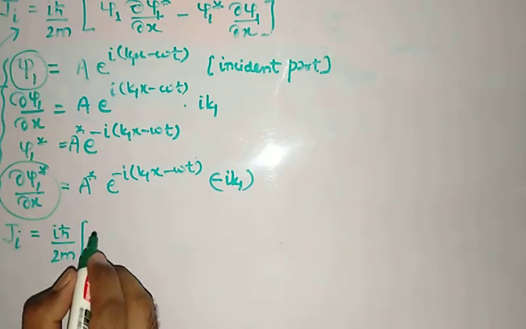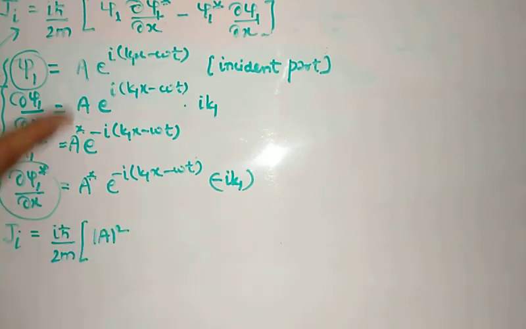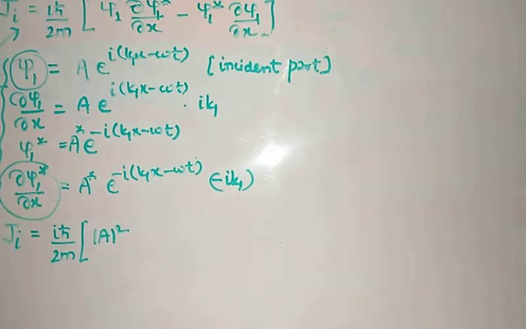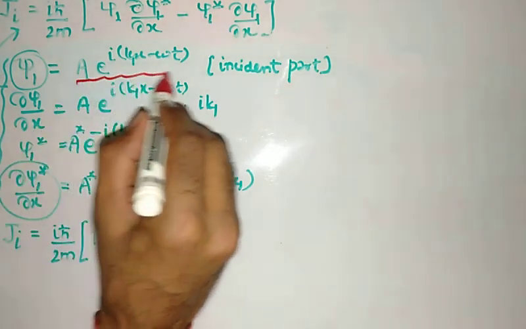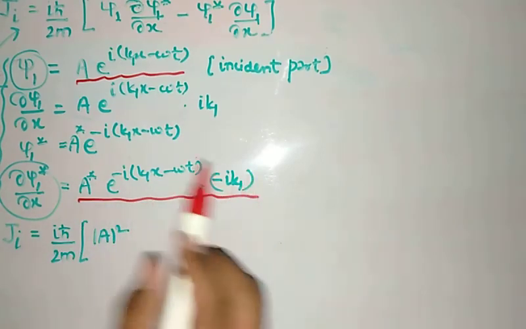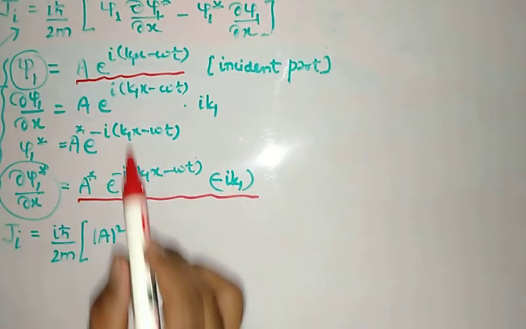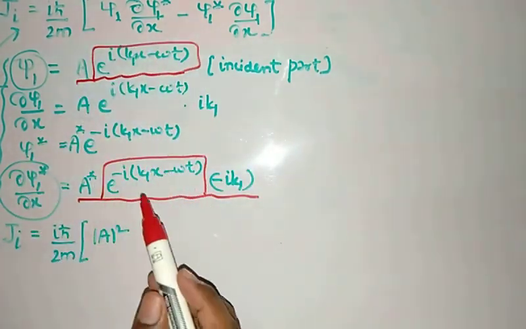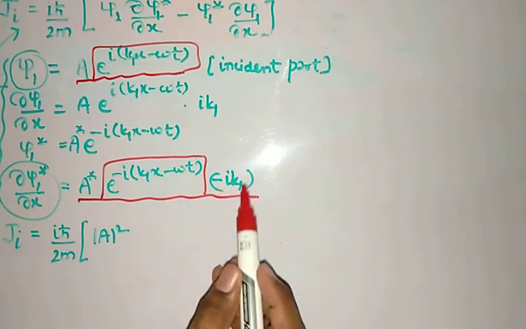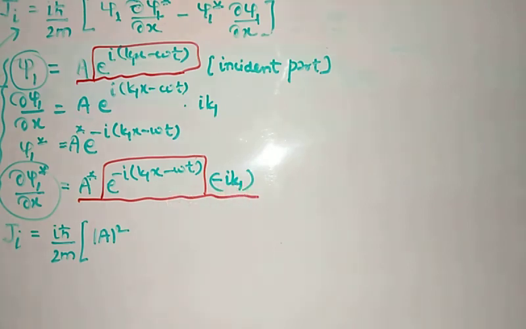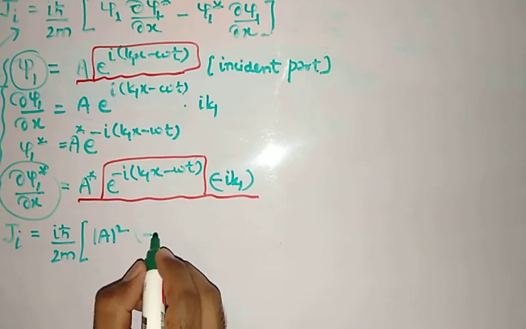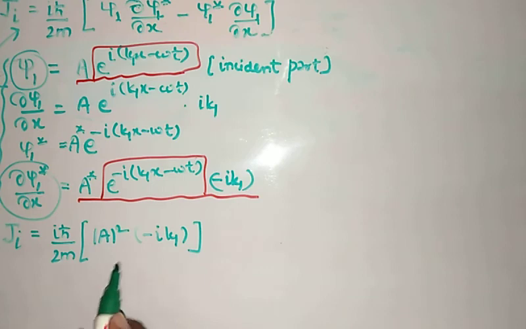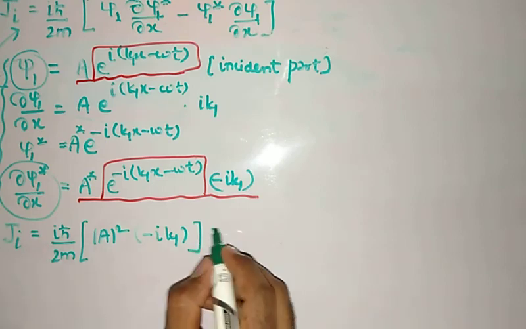So A star A, that is mod A square, with this term and this term, will become e to the power 0, that is 1, and the remaining is minus i k1, i square is minus 1, so plus 1.